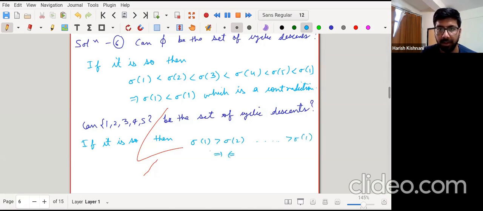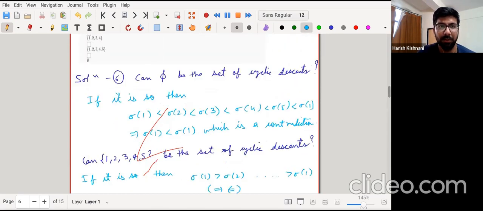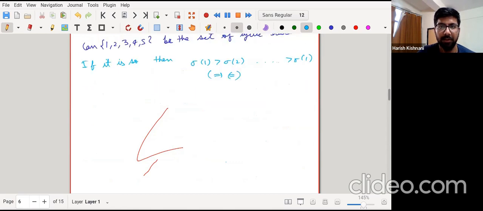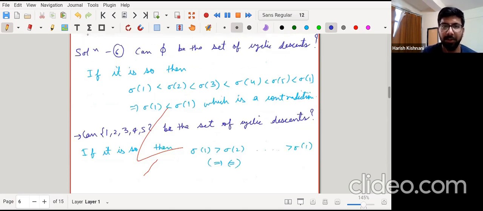Okay. Now what about the other two options? 1, 2, 3, 4. Can any one of you say whether it's possible or not, or if it is possible, what's the permutation?